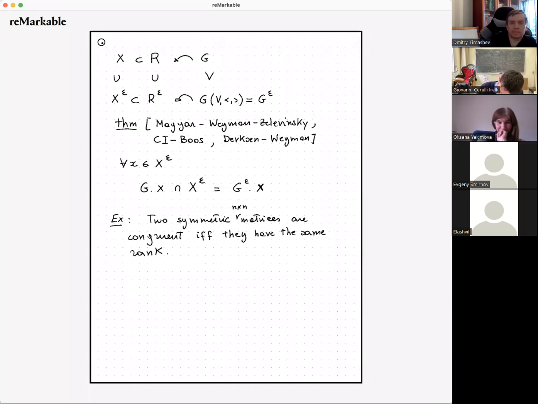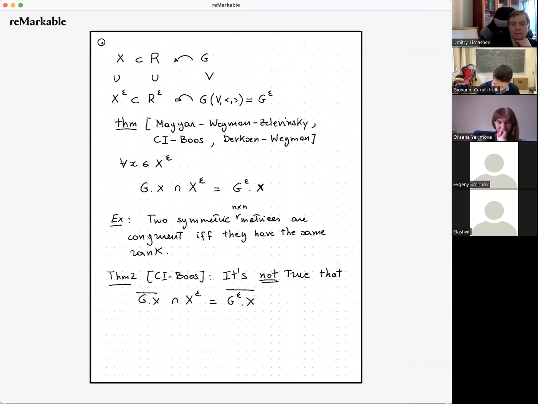And then theorem 2, by myself and Lena, says that it's not true. So this is not true in general.